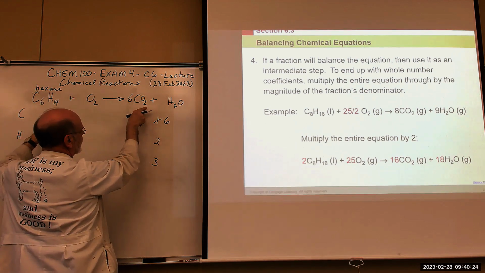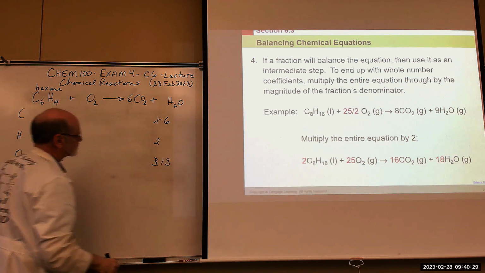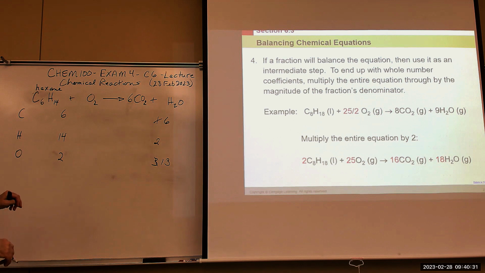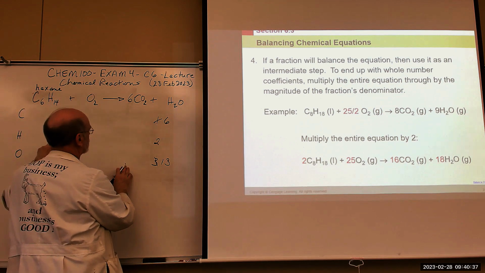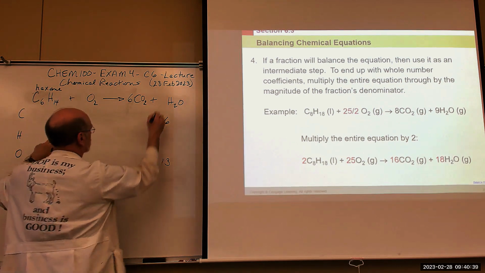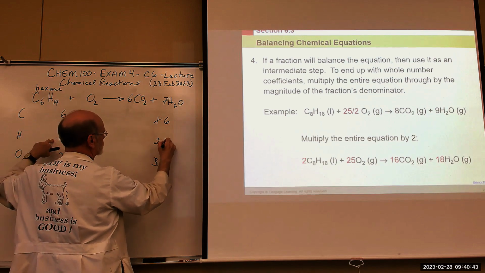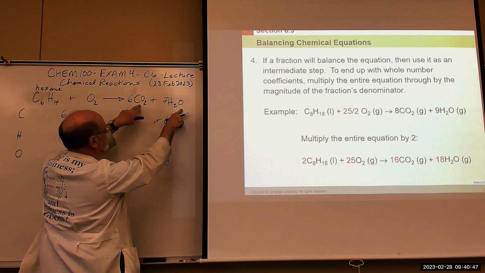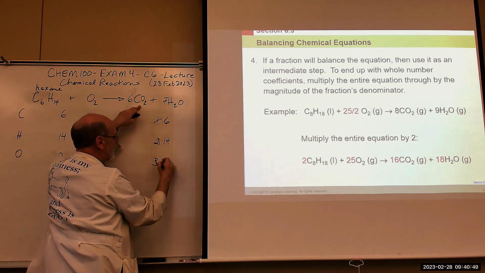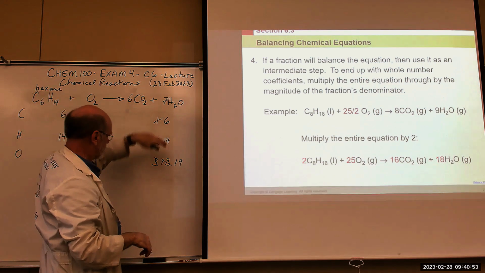And now 12 plus 1, 13 oxygens. Okay, that's right. Hydrogens. I need 14 hydrogens. So we'll put a 7 there. That makes 14 hydrogens plus 7 oxygens plus 12 is 19 oxygens, right? All right, 7 plus 12 is 19.